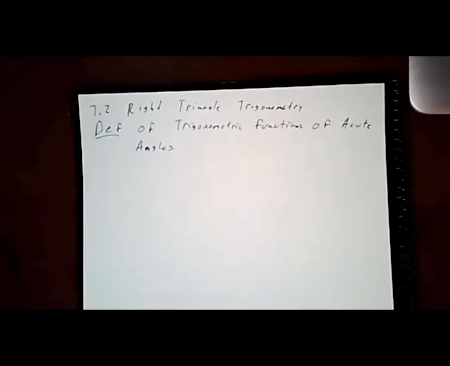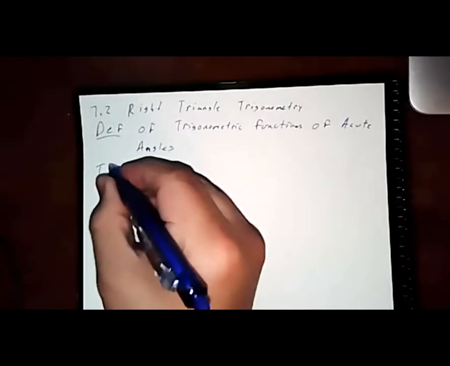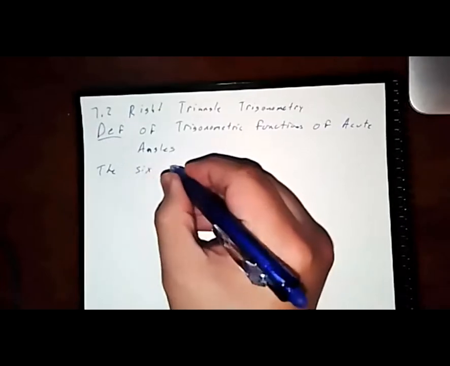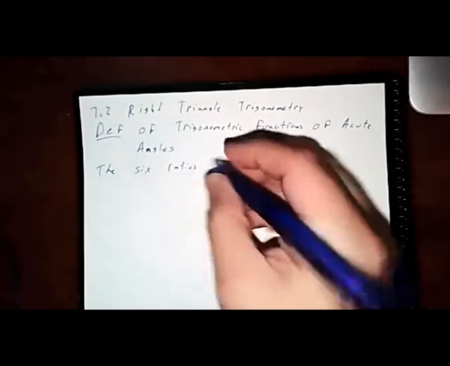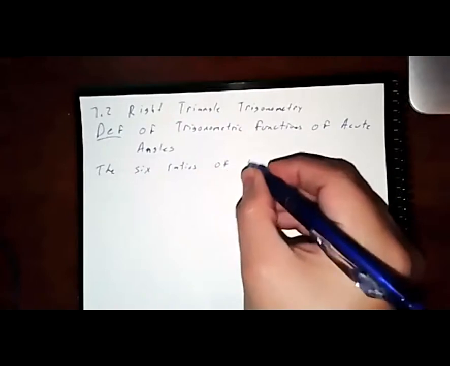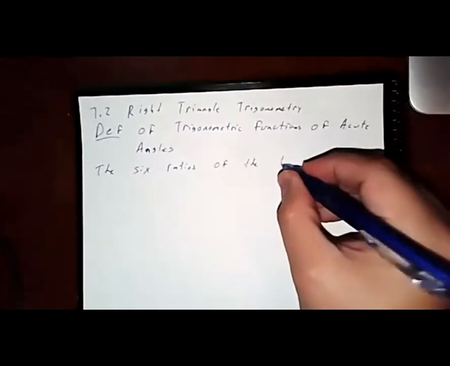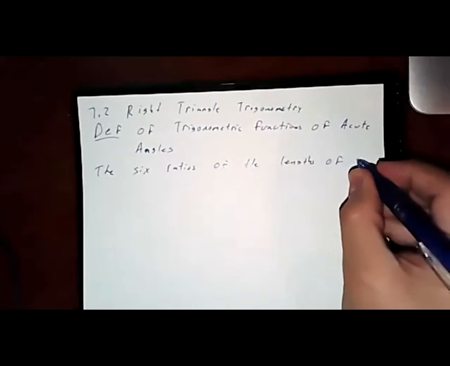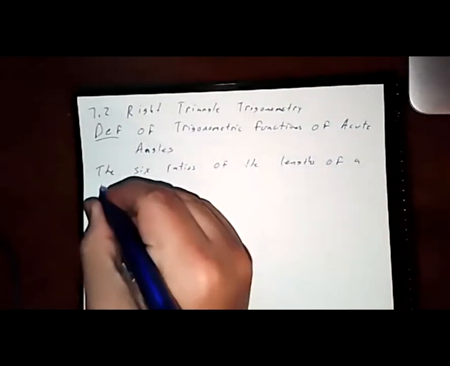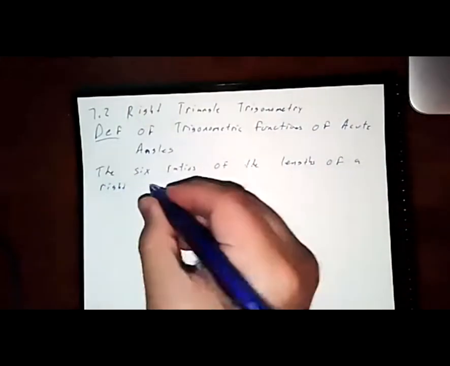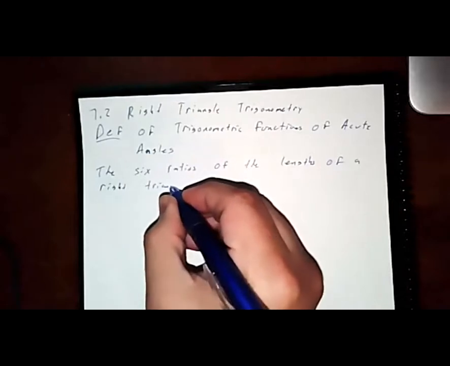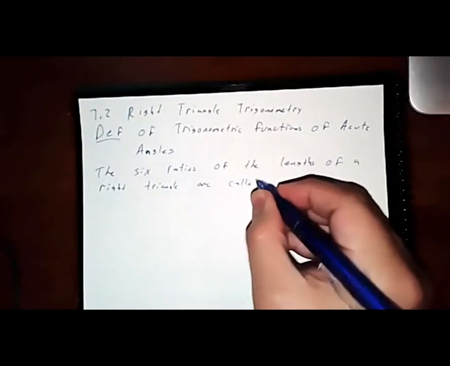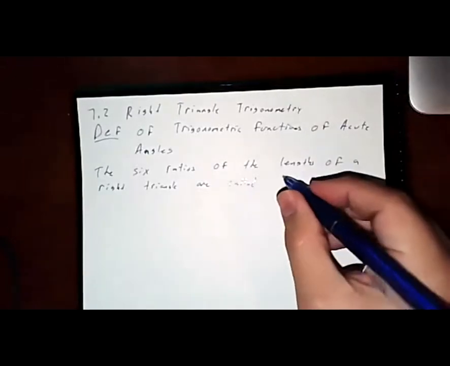So the 6 ratios of the lengths of a right triangle are called trig functions.